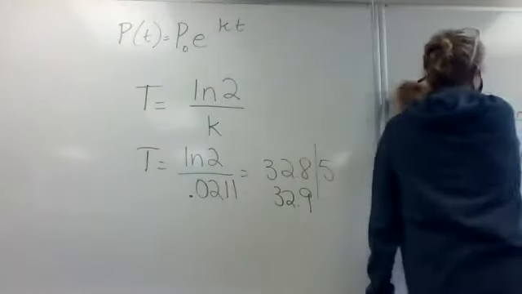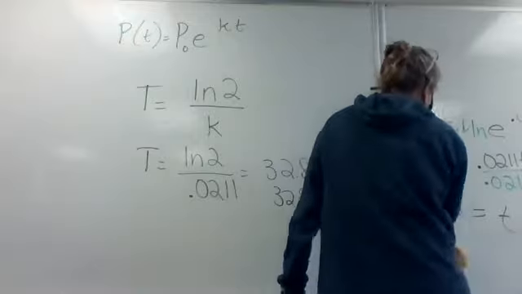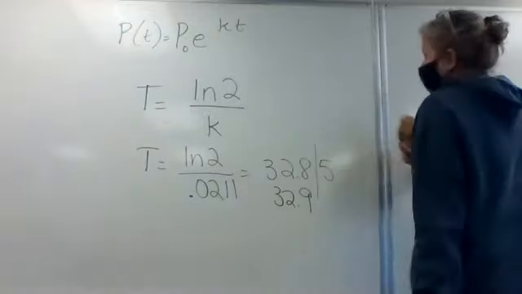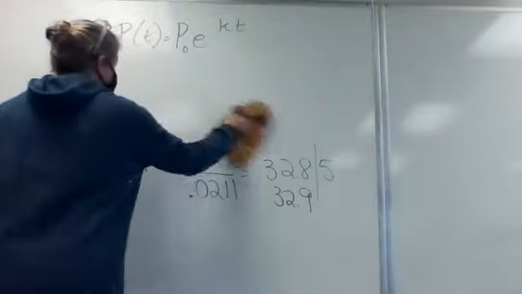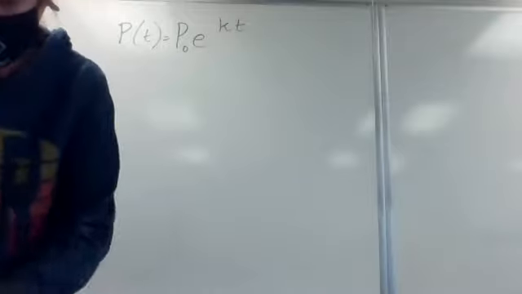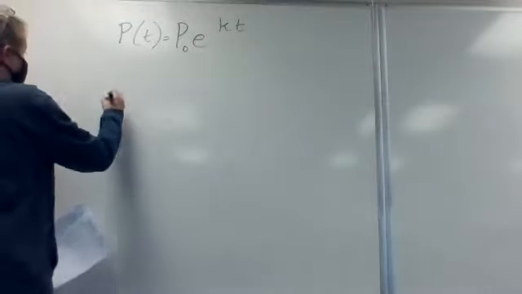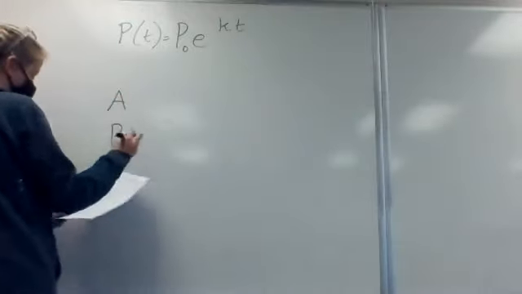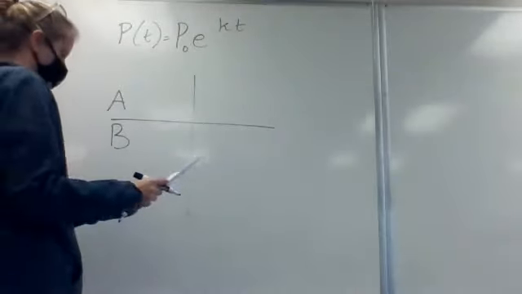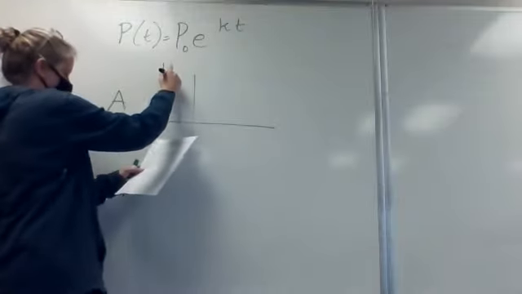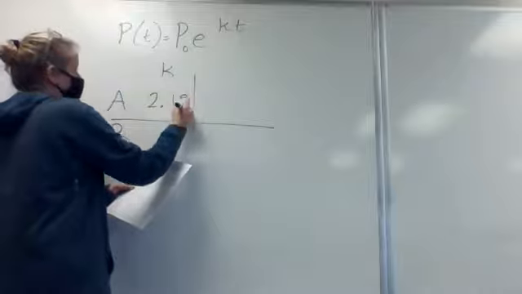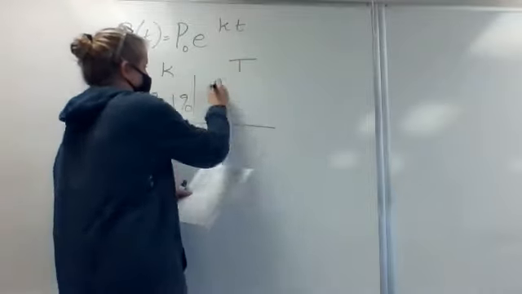Number 2 is a doubling time problem. It's going to give me a chart with country A and country B. It says the growth rate, which is the K, for country A is 2.1% per year, and it wants to know the doubling time.